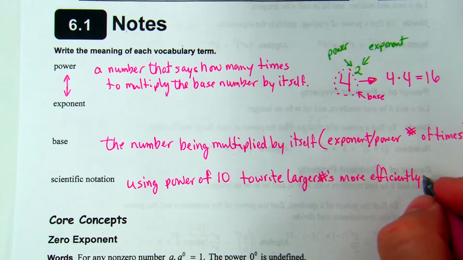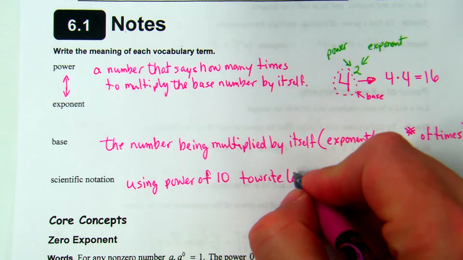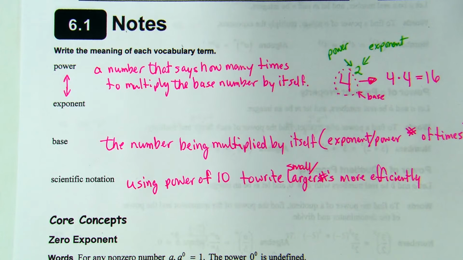Again, this is kind of the Coach Williams version of that. We're using the power of 10 to write large numbers more efficiently. Or maybe they are small numbers. So very small or very large numbers more efficiently.